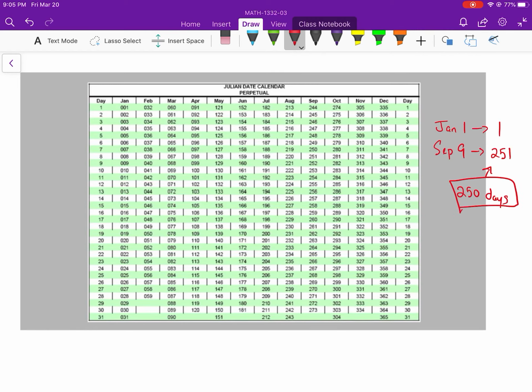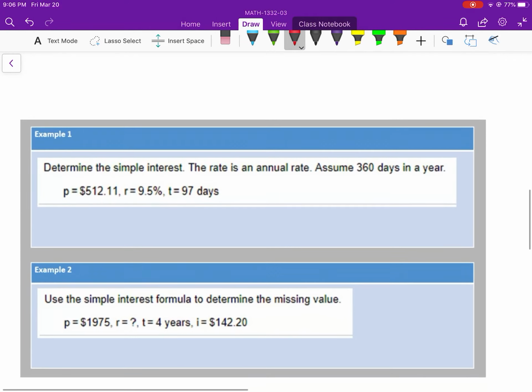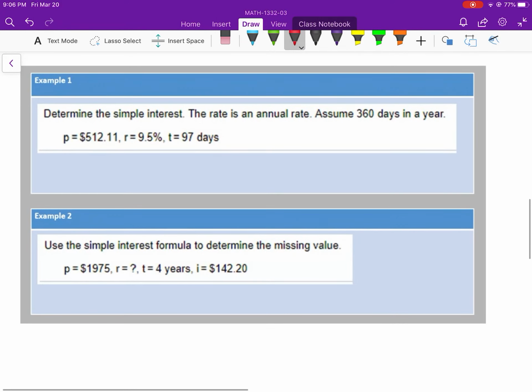January 1st might not have been a fantastic date to start with. I probably should have started with something like February 23rd so you could really see them being subtracted. But 251 minus 1 is 250 days. We will come back to this because we will need it for some of our examples in this video. Let's move down to example 1.